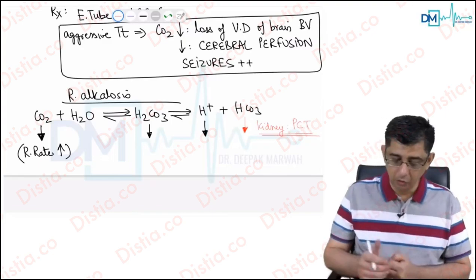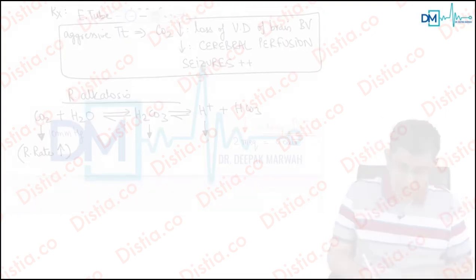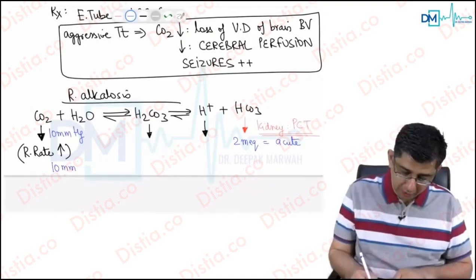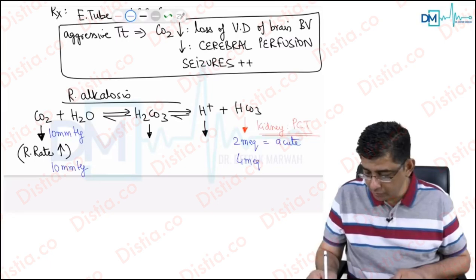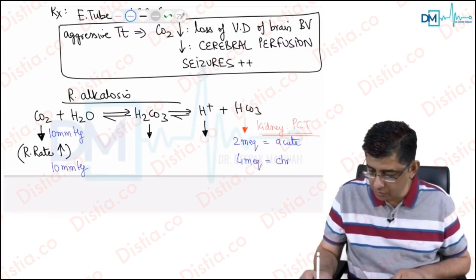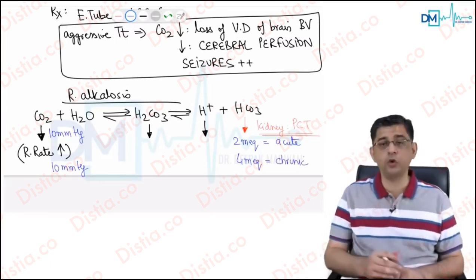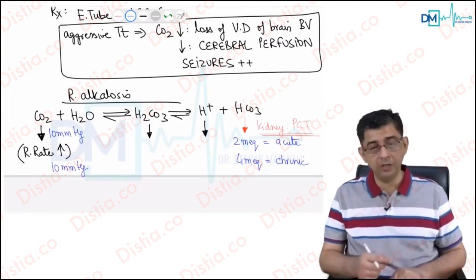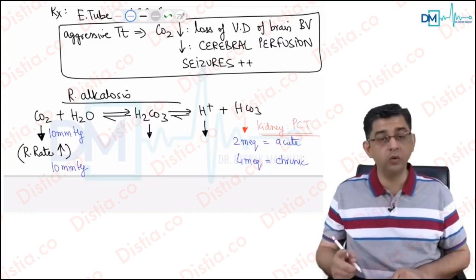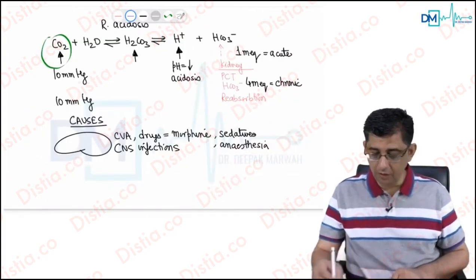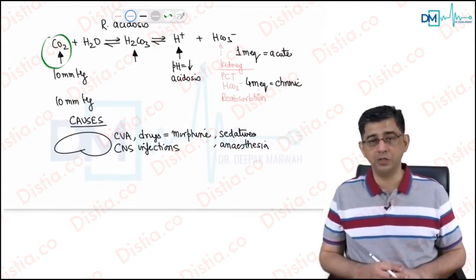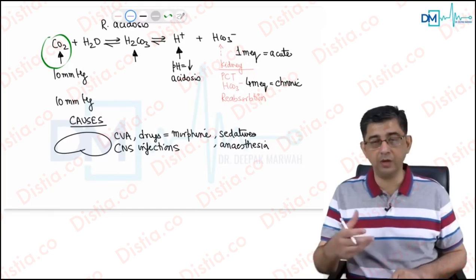The rule to be remembered in this case is that if carbon dioxide decreases by 10 millimeters and you find that the value of bicarbonate is reducing by 2 milliequivalents, then it is acute compensation; if instead of 2 milliequivalents it is 4, then it is chronic compensation. Remember my statements, 1 and 4 is for respiratory acidosis. I'll show you that slide again. 1 and 4 is for respiratory acidosis and 2 and 4 is for respiratory alkalosis.